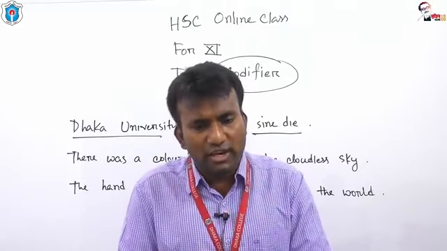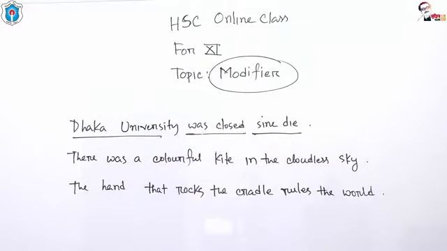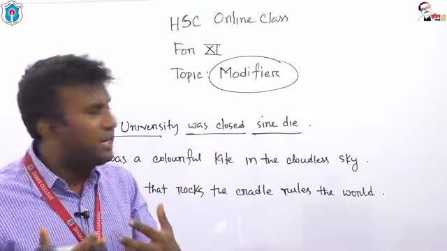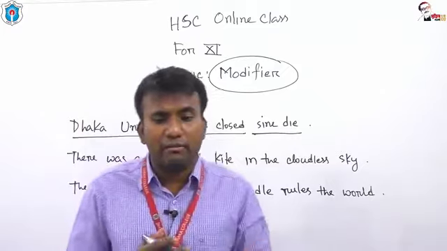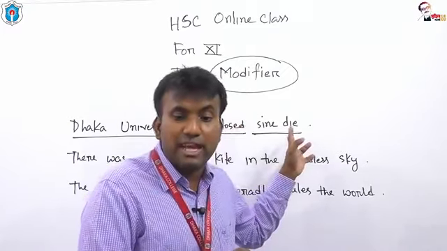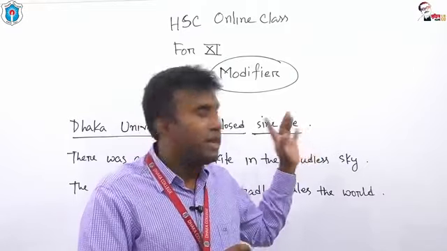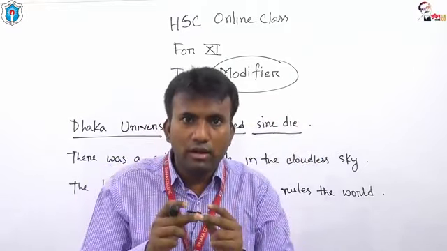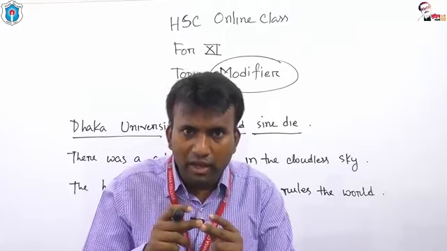Is it clear to you, my dear students? According to the first sentence, it should be clear to us that a phrase can be a modifier. Here we have used adverbial phrase. I can say phrase can be a modifier.